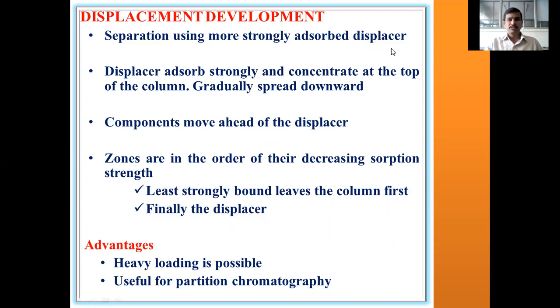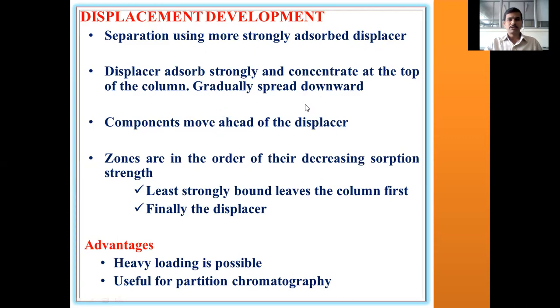If you mix a very high concentration of the displacer with the sample, introduce the mixture to the column, and then do the elution by passing fresh mobile phase, because the displacer adsorbs strongly over the surface of the stationary phase, it will first concentrate at the top of the column.